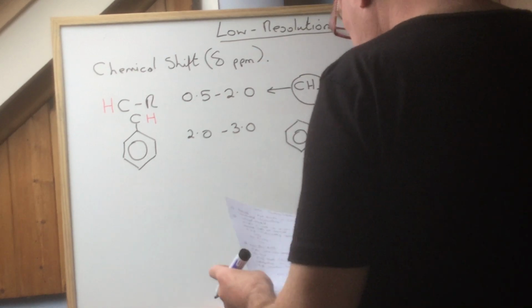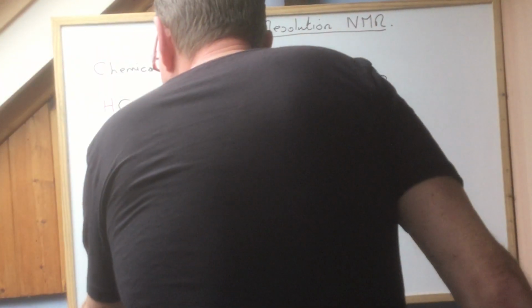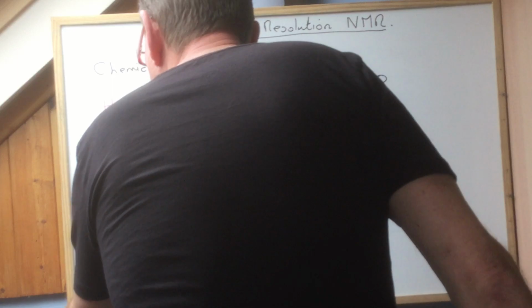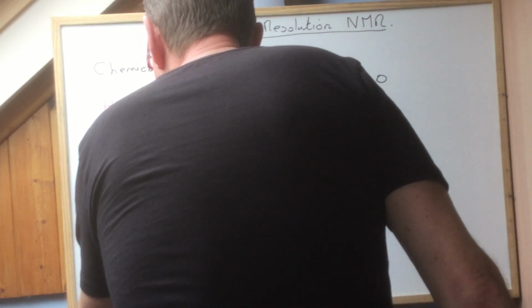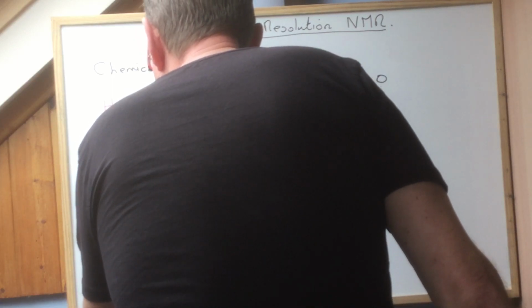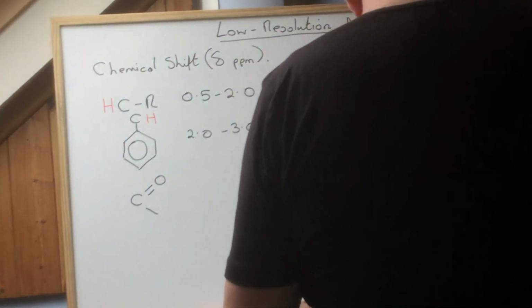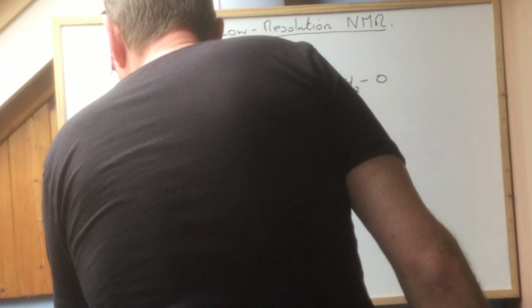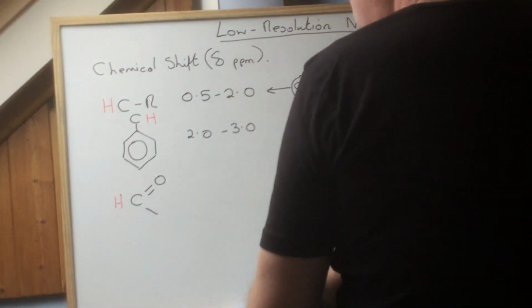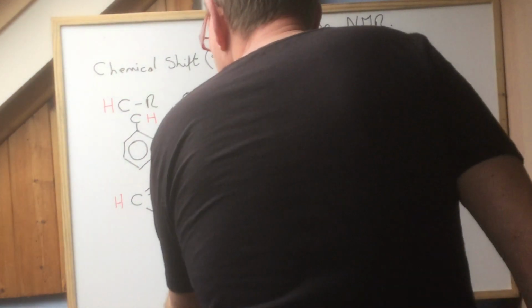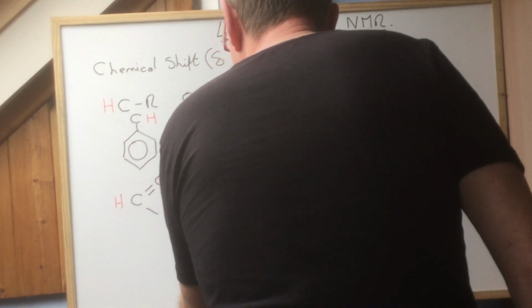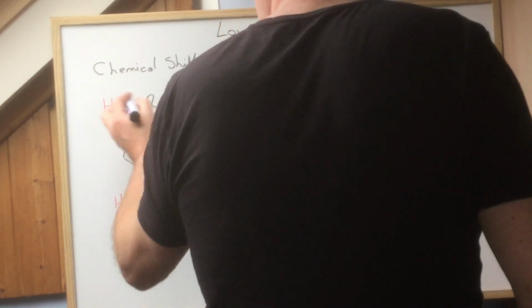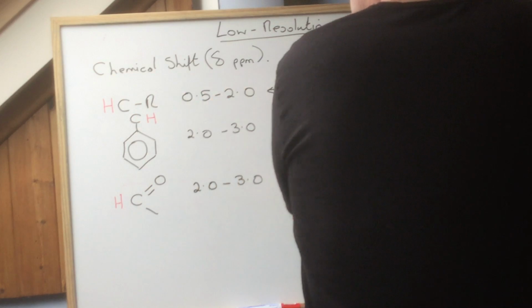Okay, next. Let me come on to what I would call the slightly, don't know whether they're easier or what. C double bond O, there. H is there. This one's okay. Again, this is a busy area, 2 to 3. There's quite a lot of weird stuff goes on in this area, so that one we'll deal with.